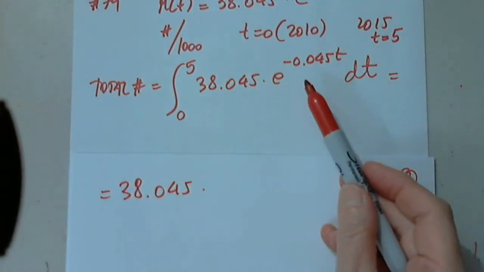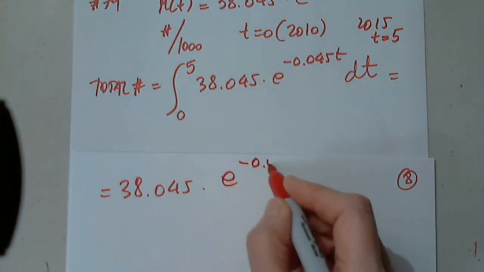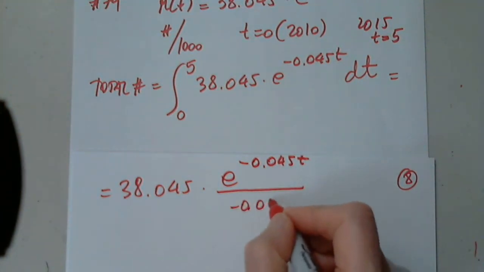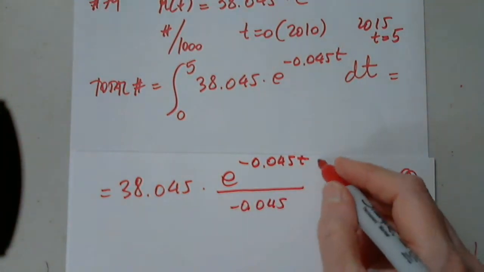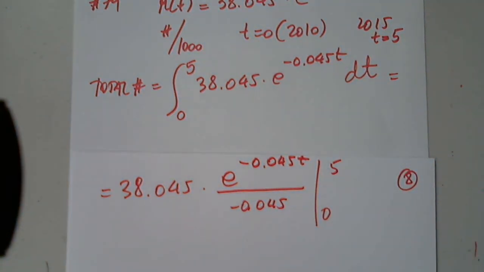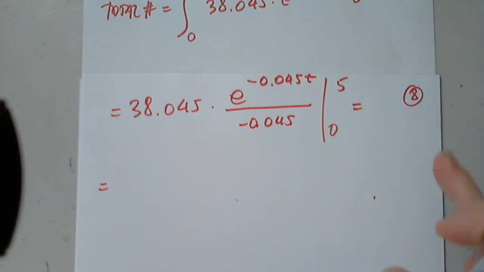So remember, we can use a substitution rule, but we did this a long time ago. e to the -0.045t over -0.045 from 0 to 5. So when I plug in, this number will stay outside. I'm not going to divide it right now.